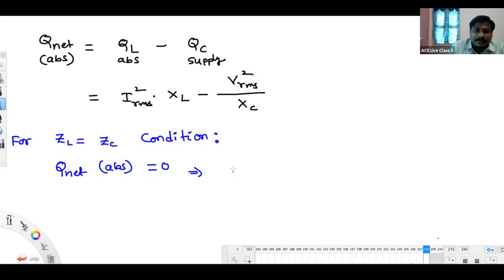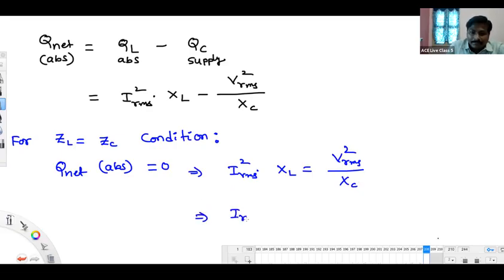So I can write here: RMS current square into XL is equal to RMS voltage square by XC. XL is omega into inductance, and 1 by XC is omega into capacitance.